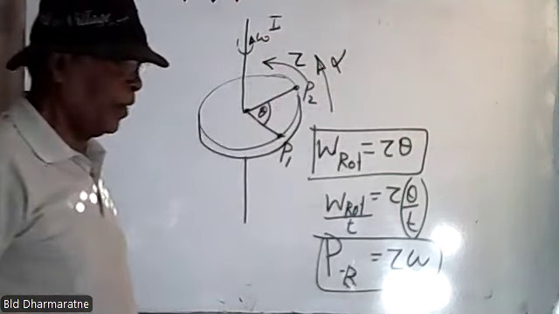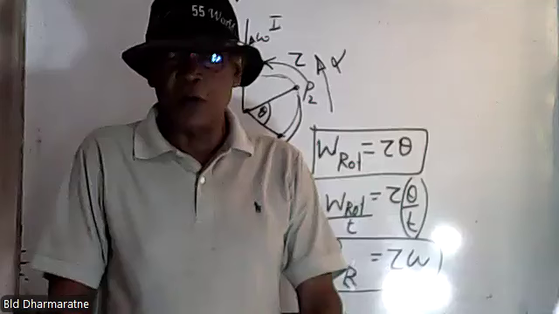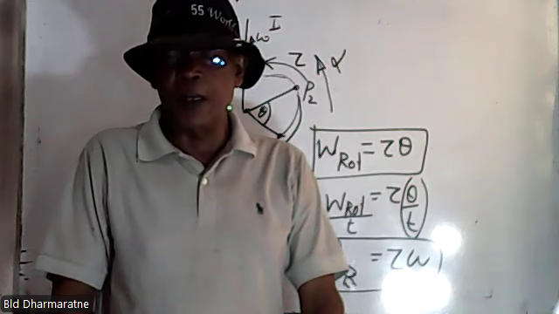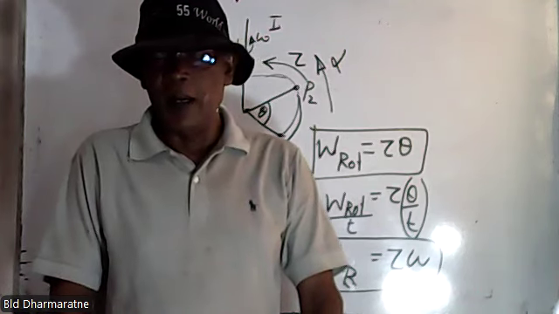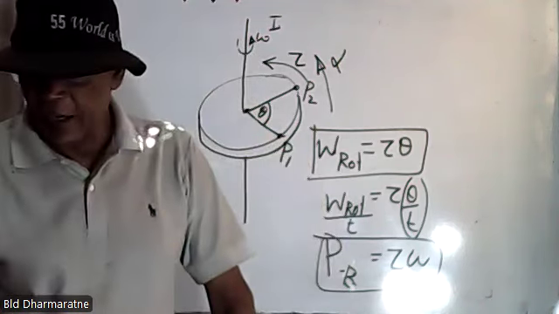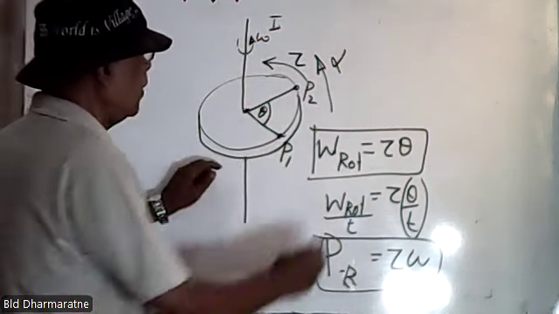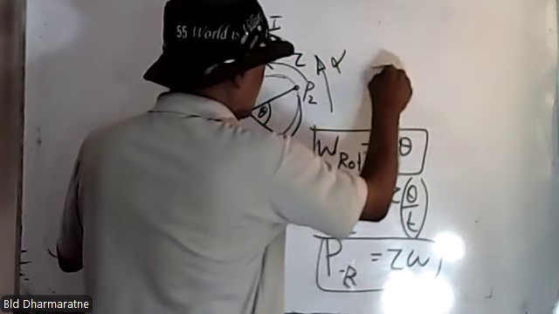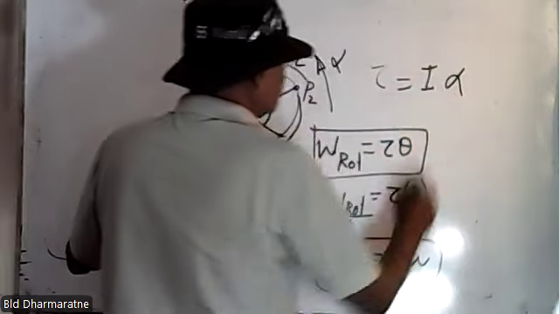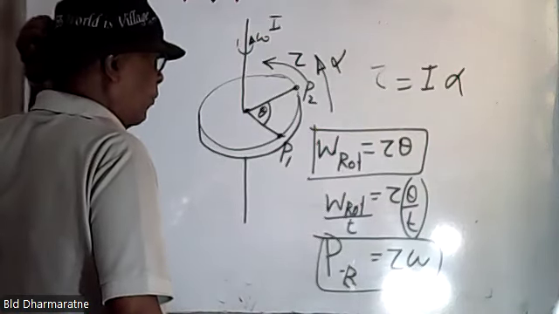When we apply the torque tau to a rotating disk or body, it gives angular acceleration alpha. The relationship is tau equals I alpha.